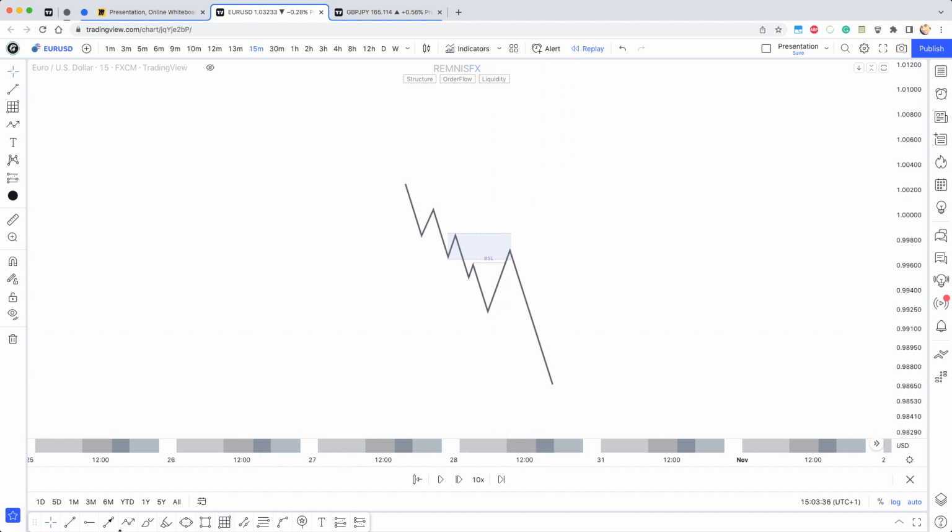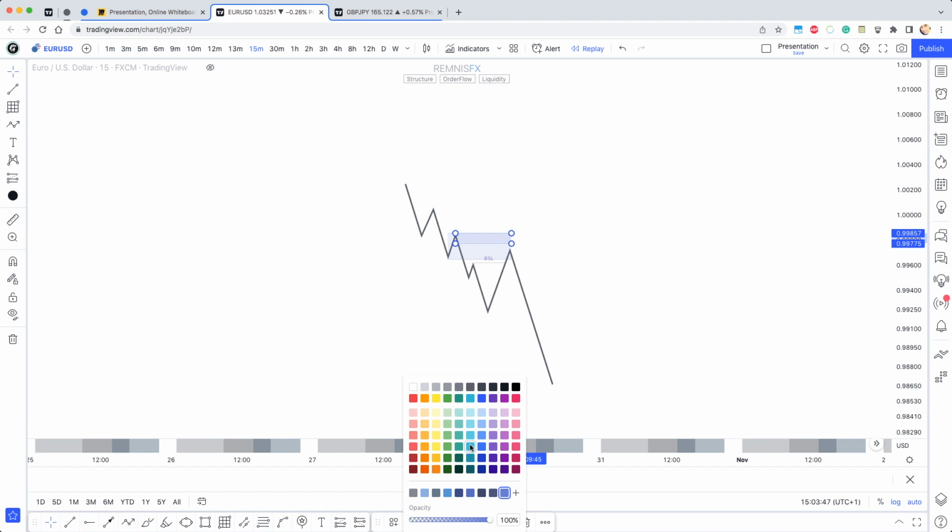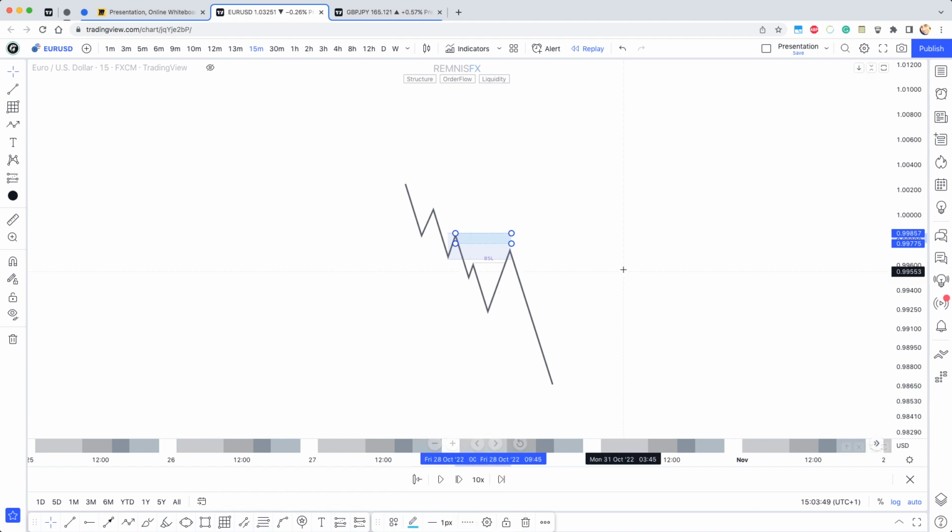But look, most of the time here also, what are people doing? Let me give this another color, perhaps this. Yeah, that will do. So the blue one is obviously your order flow, right?